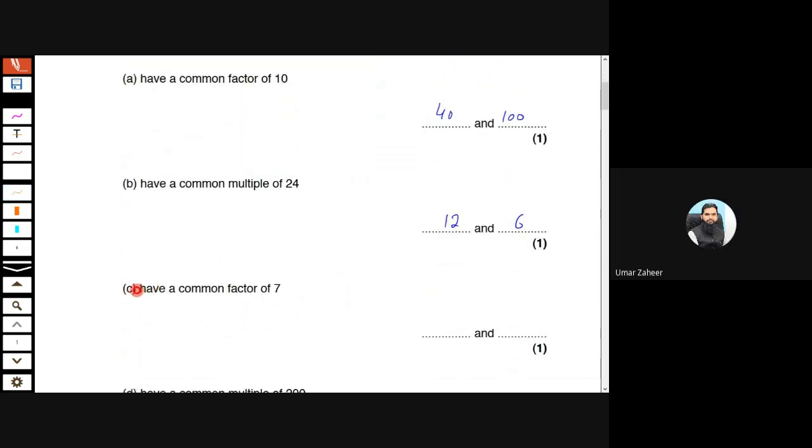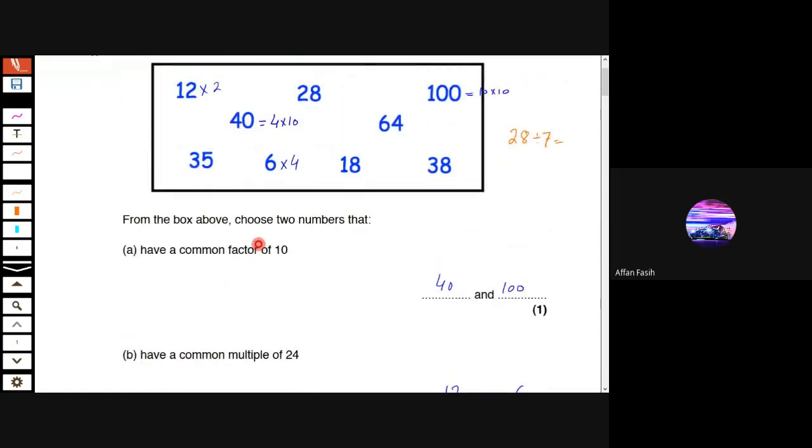The question was in the C part, a common factor of 7. So 35 and 28. 28 divided by 7, we will get 4. In the same way, 35 divided by 7, you are getting 5.